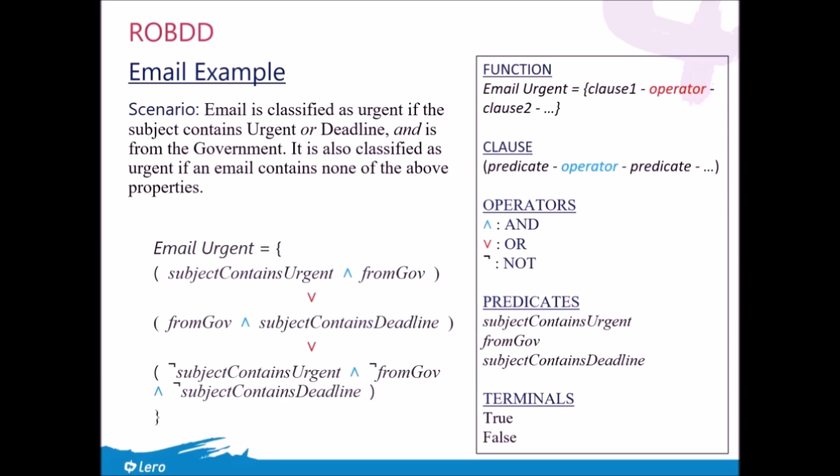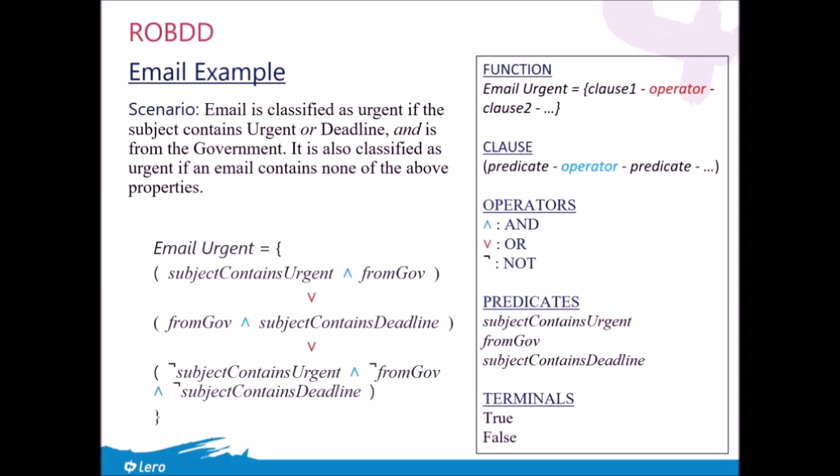So we are representing here a DNF function, or a disjunctive normal form, which essentially is clauses connected together through OR operators. You could just as easily have OR clauses connected by AND operators, which would be conjunctive normal form, or CNF. So our operators again are AND, OR, and NOT.